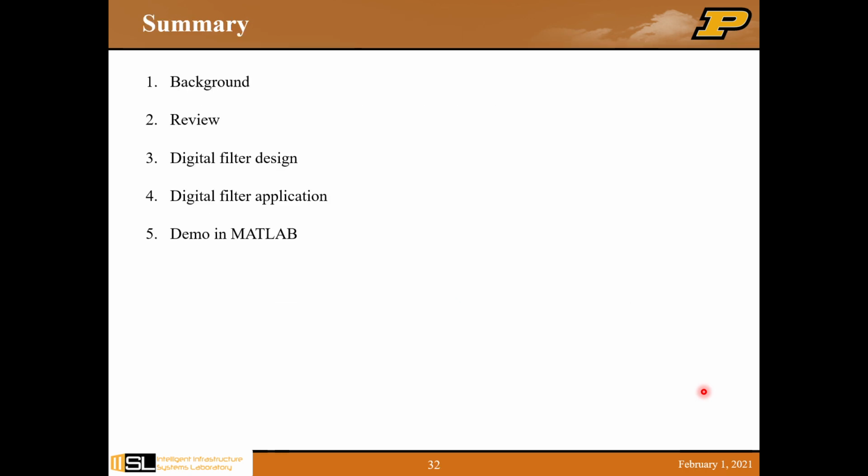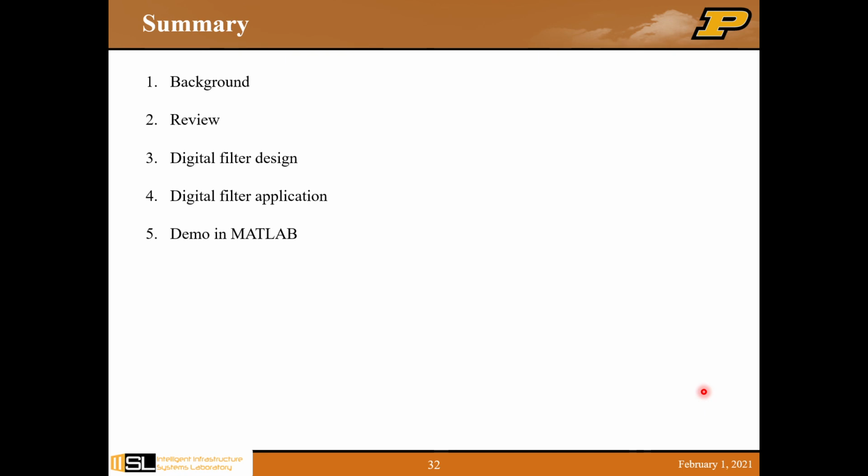So in summary, we have gone through the background of digital signal processing. We reviewed some basic transformation techniques for signal processing. We also studied how to design digital filters, including FIR filters and IIR filters. We also discussed several interesting applications using filters.